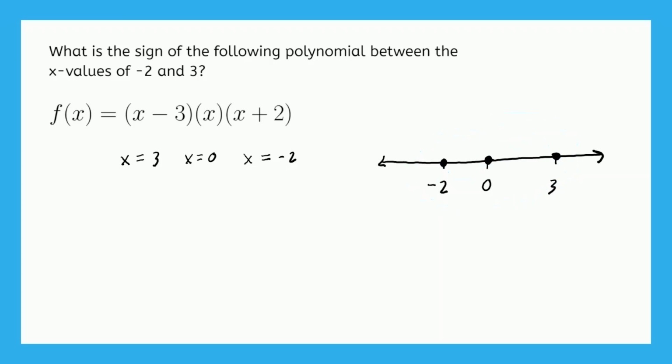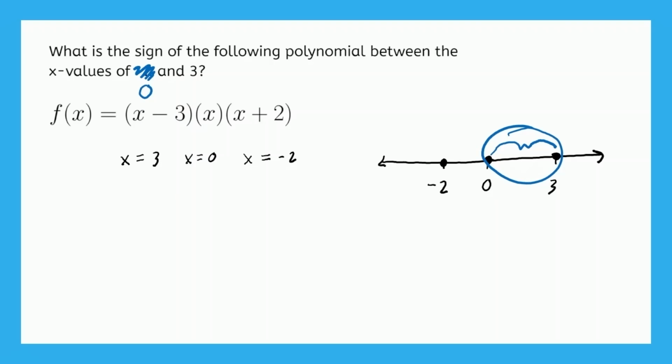Now, really quick, let's say that we had this same function, but the interval was different. The answer could be just negative or just positive. So if we had an interval, let's say from 0 to 3, instead of -2 to 3, what would be the sign? Well, now this becomes like our first example. We just need to test a point that's in this interval. So we'll just test 1.